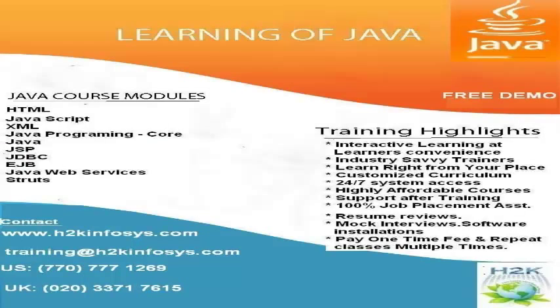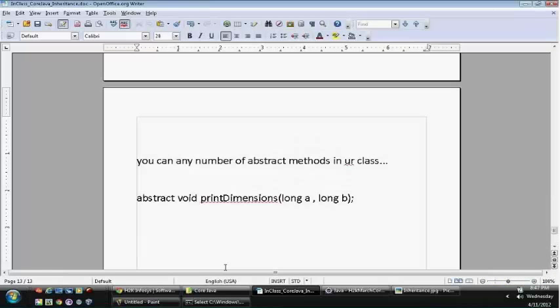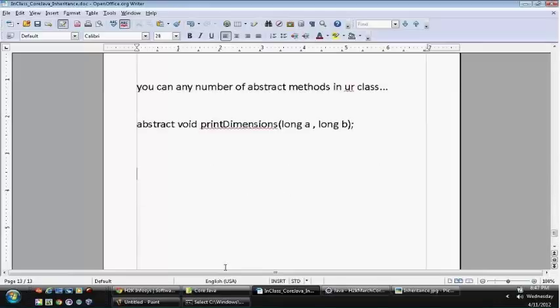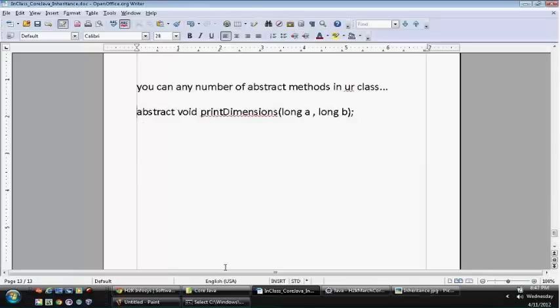Once you have declared an abstract method, there is no point in having an abstract variable. The abstract method is supposed to be implemented by the child class, and the implementing classes are called concrete classes.